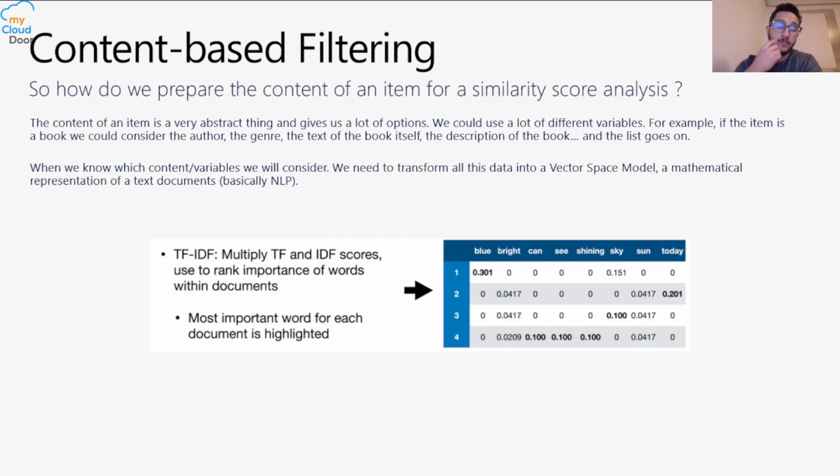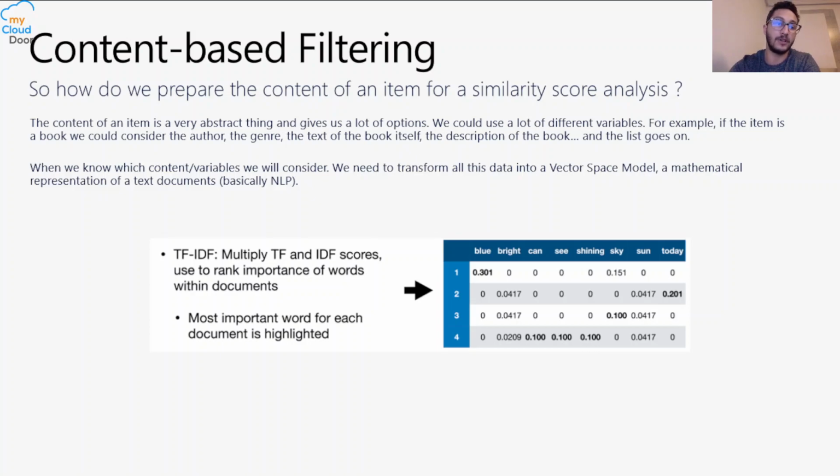So how do we prepare, like we talked about preparing and representing the items variables? How do we do that to ultimately do a similarity score analysis?